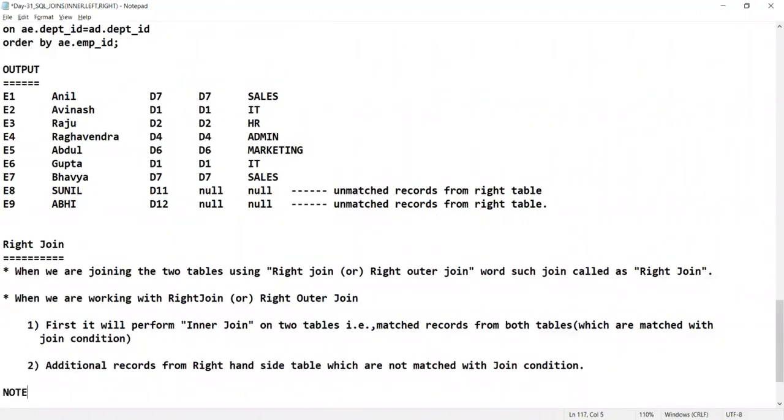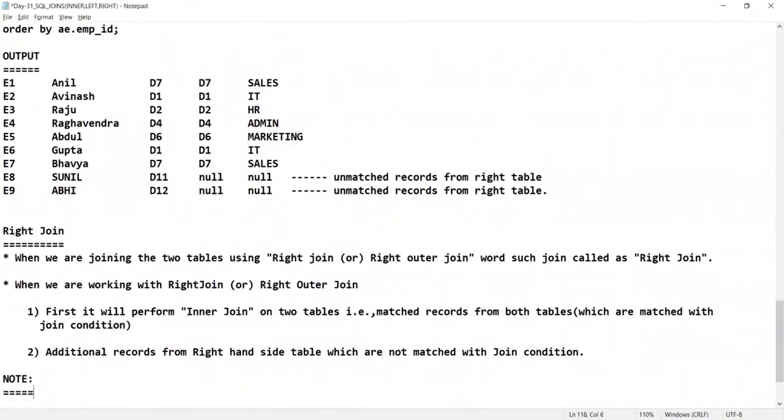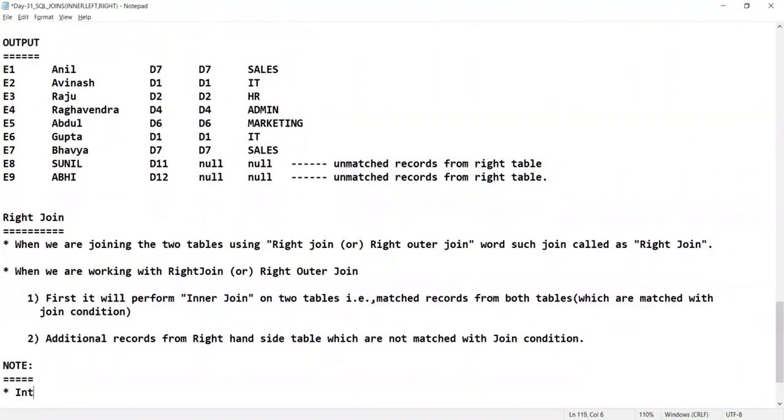One important note, sir. In this type of join, the right hand side table data is important. Understand? Right hand side data is important here.